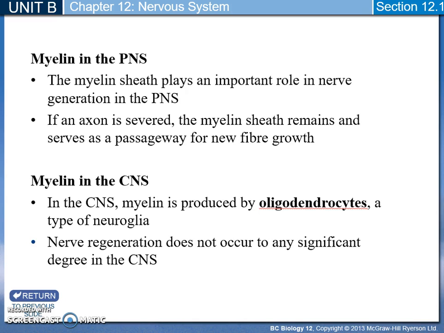Sometimes they can completely recover. Other times you might have some residual nerve damage, but the peripheral nerves can recover from being severed. The myelin in the central nervous system is produced by a different cell, which is referred to as the oligodendrocyte. This is another type of neuroglial cell. Nerve regeneration does not occur to any significant degree in the central nervous system, however.